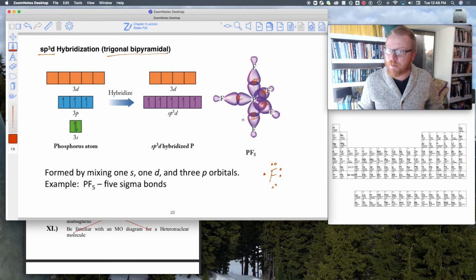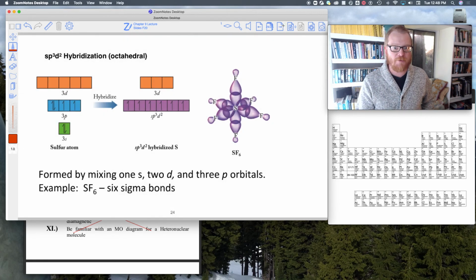It wants to create 5 bonds. But if you look at sulfur, sulfur contains 1 extra, so that's why we can often see sulfur having electron pairs, like a lone pair on the sulfur atom, or we also see sulfur readily forming 6 bonds. And I think I have that next. Yes, the next one, SF6.